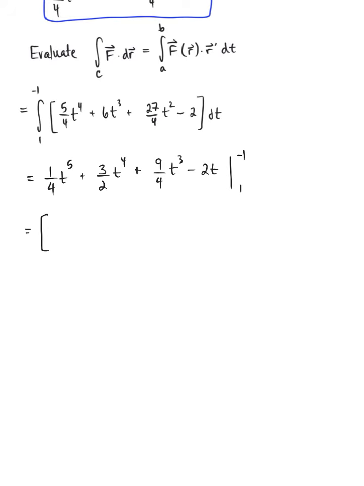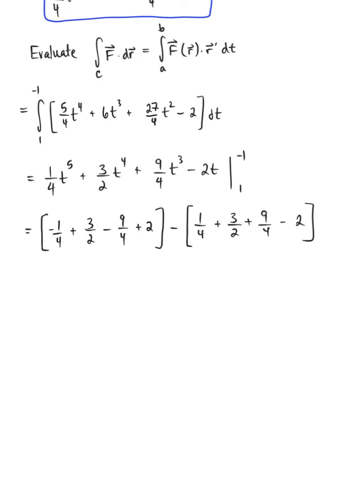So plugging minus 1 in, we are going to be left with negative 1/4 plus 3/2 minus 9/4 plus 2, minus, now we're evaluating at 1, so we'll have 1/4 plus 3/2 plus 9/4 minus 2.